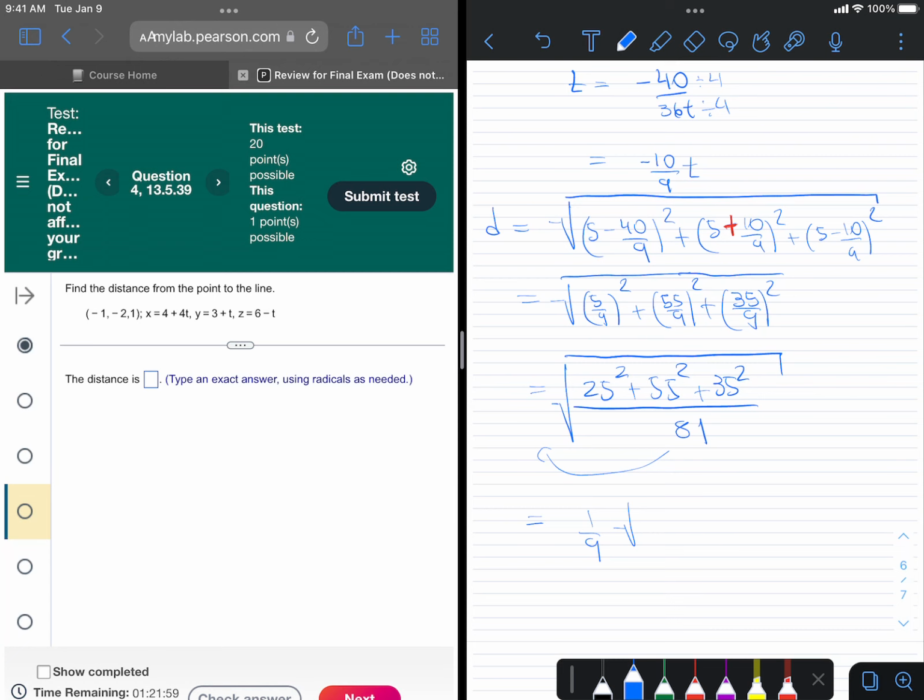This is 25, and I have a calculator. So that's 625 plus 55 squared, that's 3025, plus 35 squared, that's 1225.